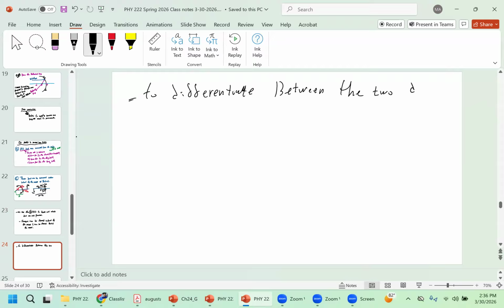Kind of like, remember Franklin? What did he call the two charges? Positive, negative? So we're gonna call them positive and negative too. Might as well.